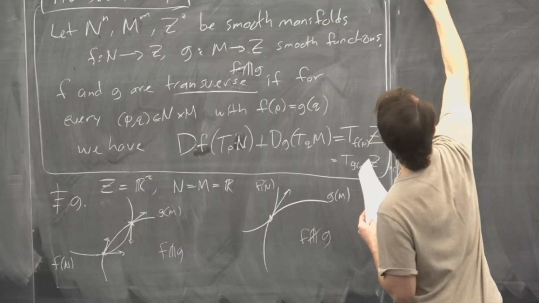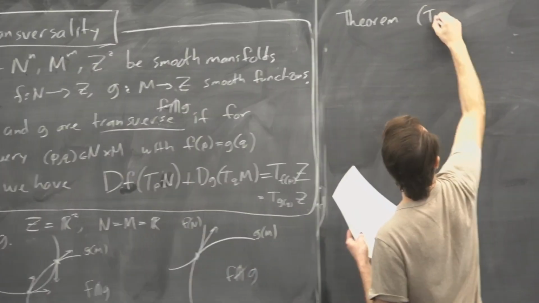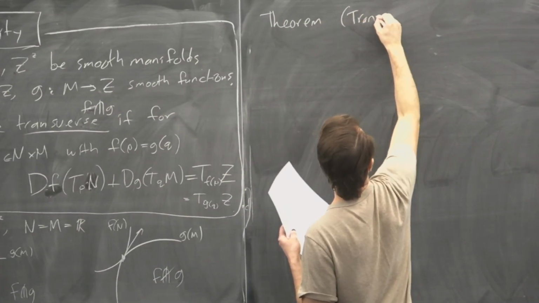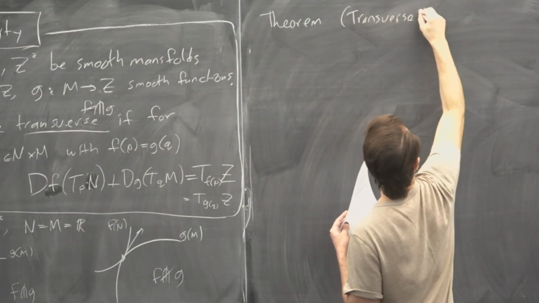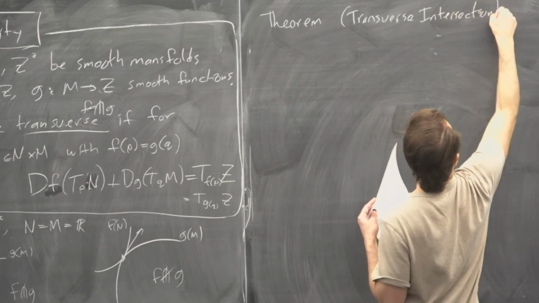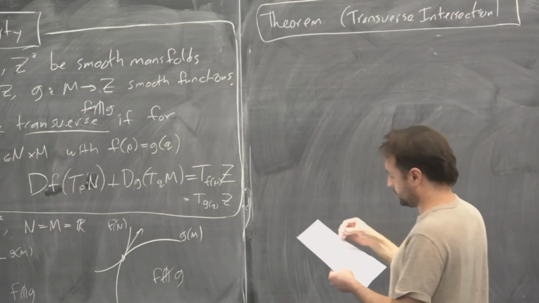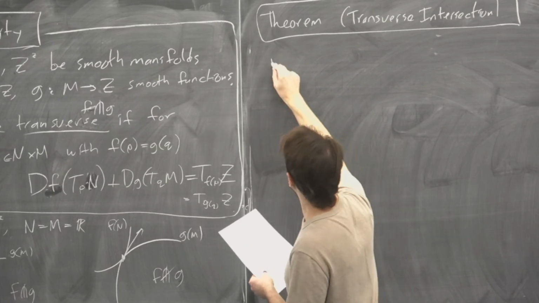So, a big black box from differential topology, called the transverse intersection theorem. It's the absolute theoretical core of the conceptual homeomorphism.